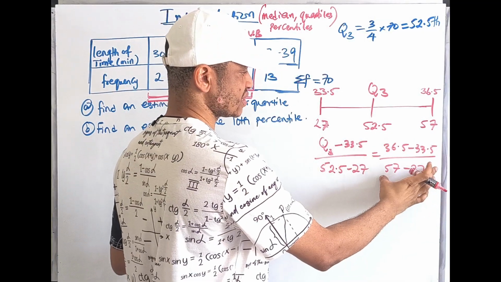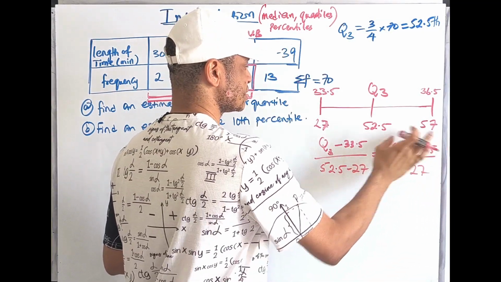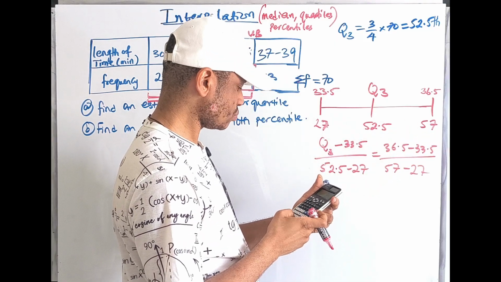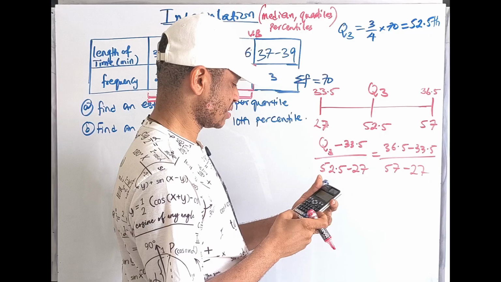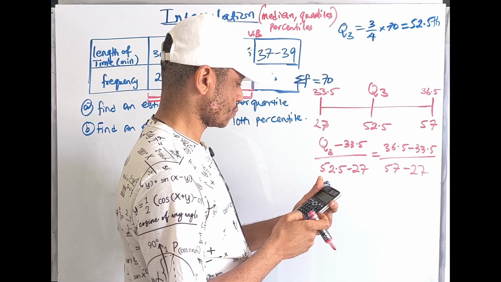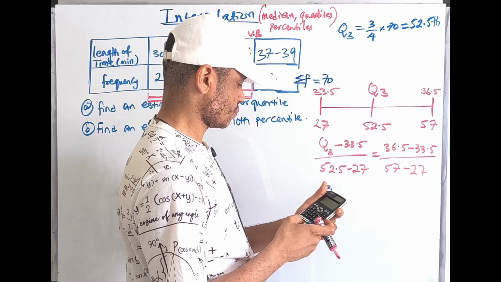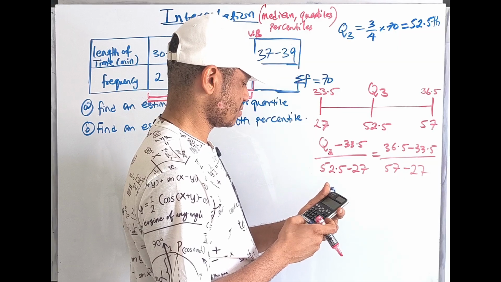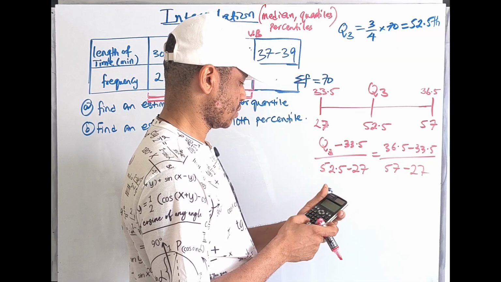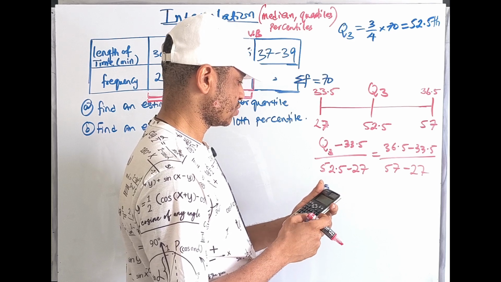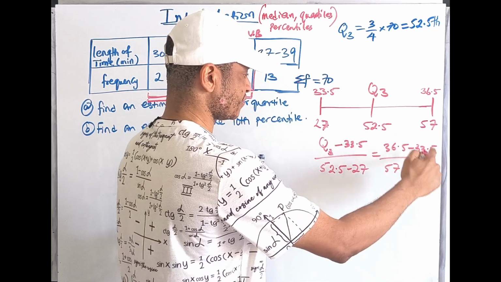I'll press all of this in the calculator. So 36.5 minus 33.5, over 57 minus 27. I'll get 0.1 for this.